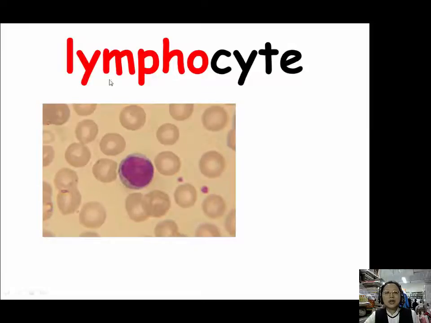Let's see our example. Our example is lymphocyte. Lymphocyte, like we show in this picture, is a type of white blood cell or leukocyte that is divided into two principal groups and a null group.